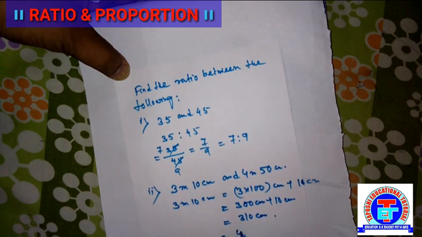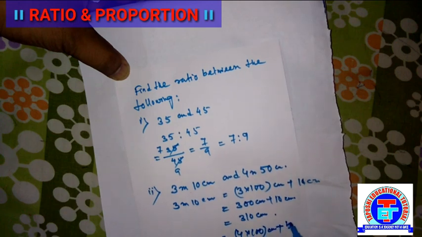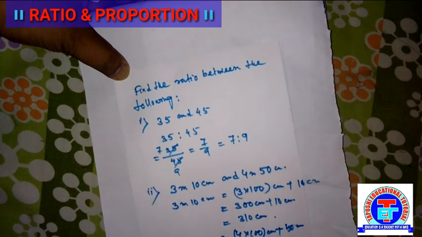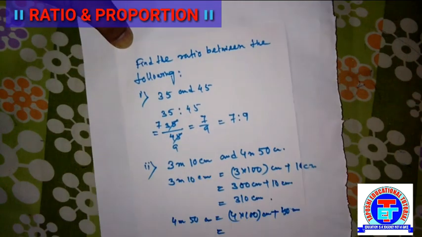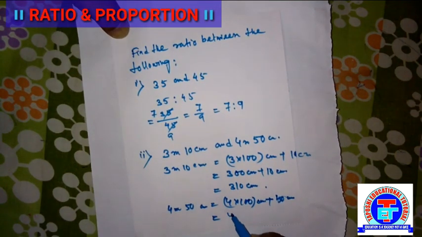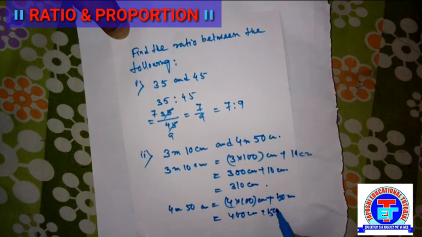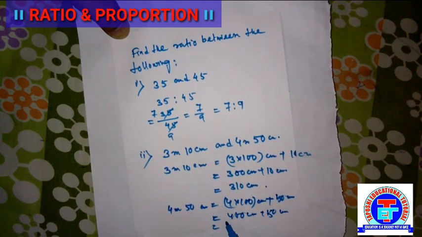Another is 4 meter 50 centimeter. This is 4 into 100 centimeter plus 50 centimeter, so 400 centimeter plus 50 centimeter, that means 450 centimeter.